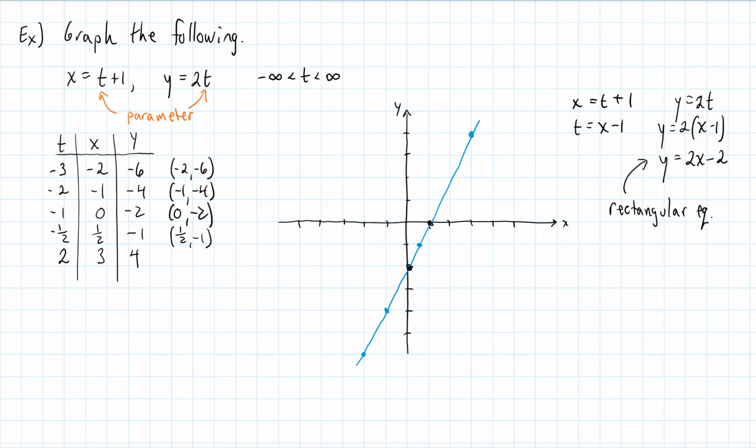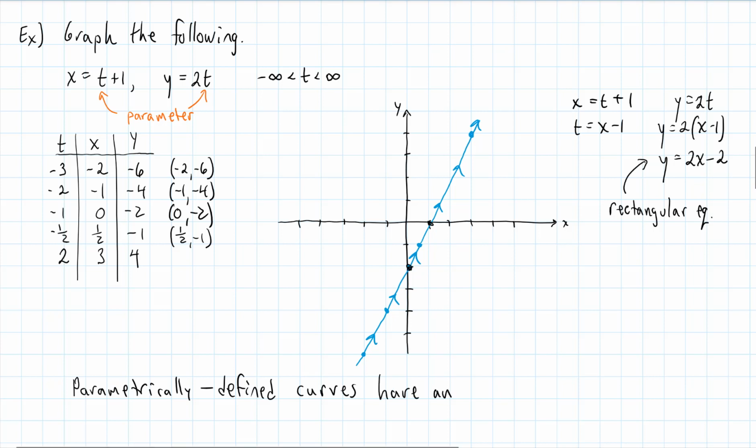So this curve was plotted in this direction. I put these little arrows to show that the curve was plotted in that direction. That direction is called its orientation. So parametrically defined curves have an orientation. So get this little vocab word here: orientation.